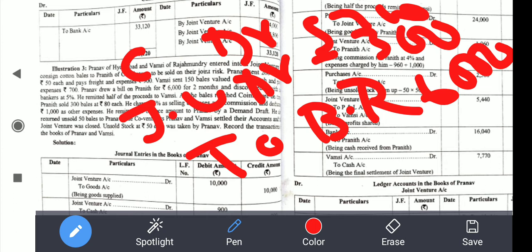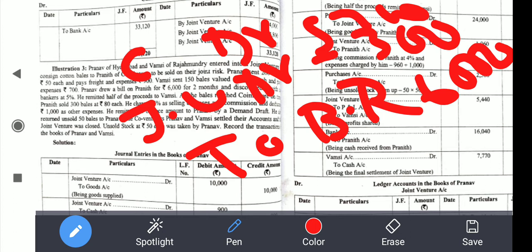Out of 6,000, 5% is the discount, 6,000 into 5%, that is 300. So the general entry is Cash Account debit 5,700, Joint Venture Account 300, to Bills Receivable Account 6,000. This is the general entry for discounting the bill.